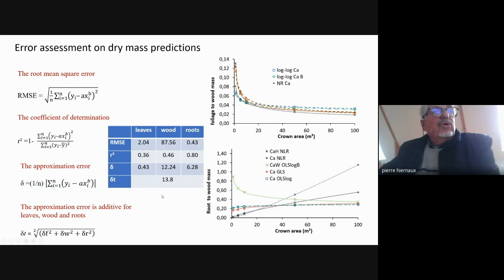So in total, when you aggregate it with this function, you have an estimate of approximation error of 13.8 kilos per individual tree on average.